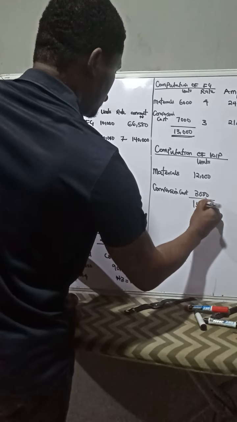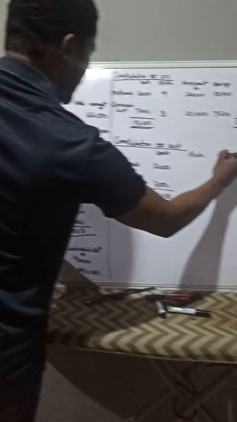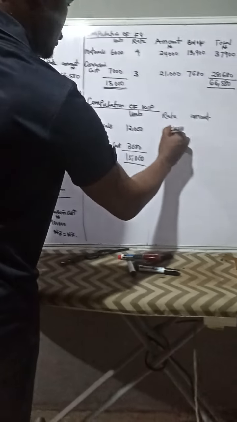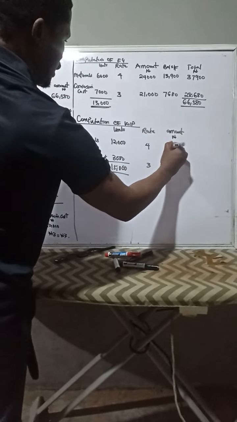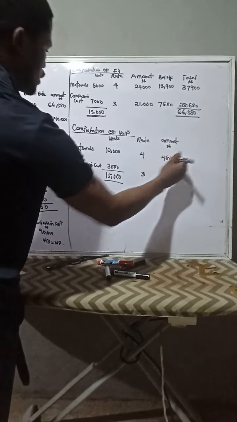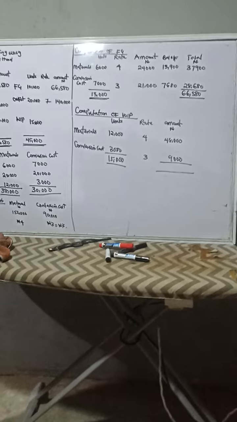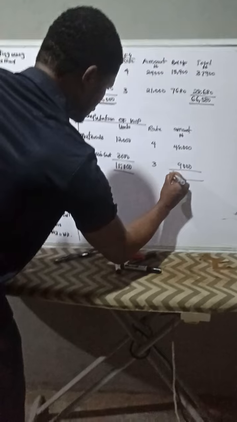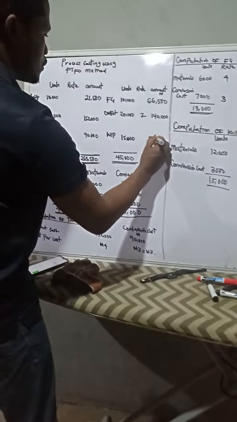So that gives us 15,000. It's breaking down into the rate and the amount. For material, what is the rate? We have 4 naira. This one is 3 naira. So 12,000 times 4 gives us 48,000. 3,000 times 3 gives us 9,000. 48,000 plus 9,000 gives 57,000 naira. So this is the cost for WIP. I'll transfer this 57,000 here.